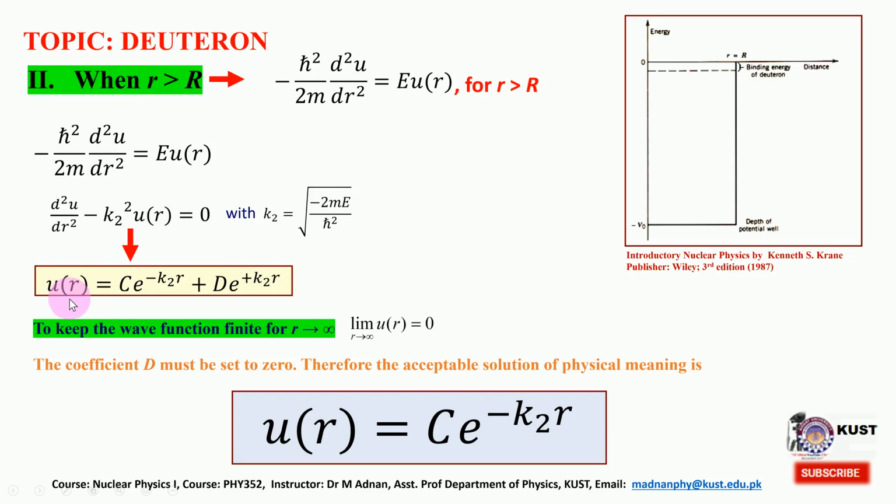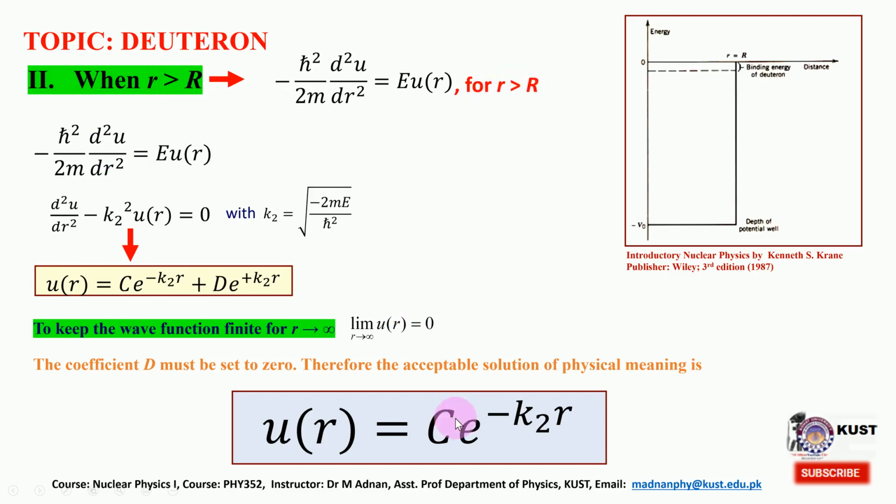So in that regard, this U, which is the radial part of the wave function, will also be very large. That is, it will no longer be finite. So we need to make this D coefficient equal to 0, so that we are left with only the physical solution, that once R is very large, this exponential factor will make the U finite and it will converge to 0. So this is the second solution, or we can say once R is greater than R.